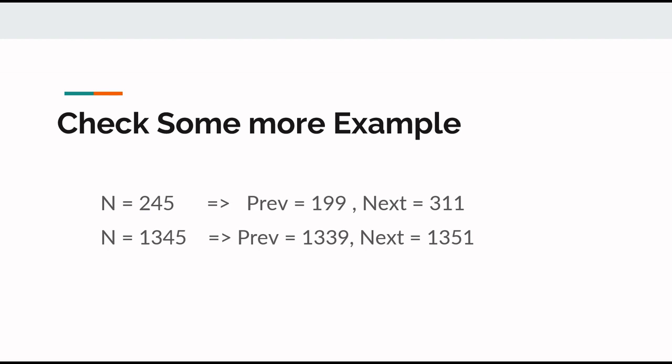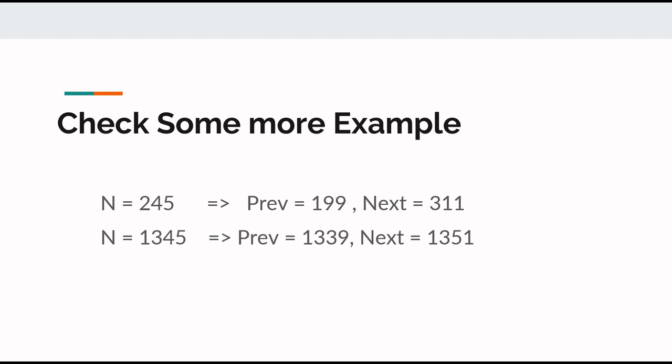So before 2 there is 1. Now your thinking process should not be like that, change all the numbers to the previous odd, because in that way 245 will be 135, but that is not the answer, because we have 199 that is greater than 135, and it is actually the previous number of this 245.